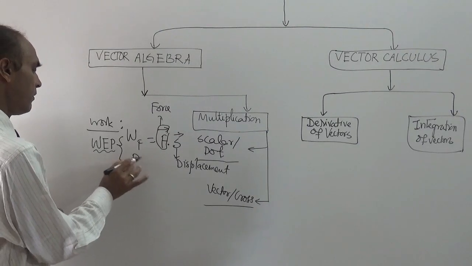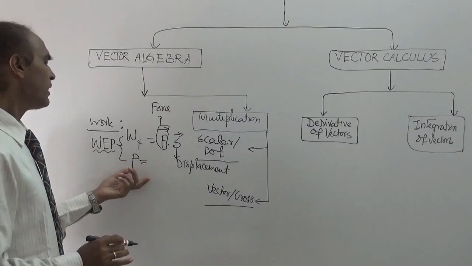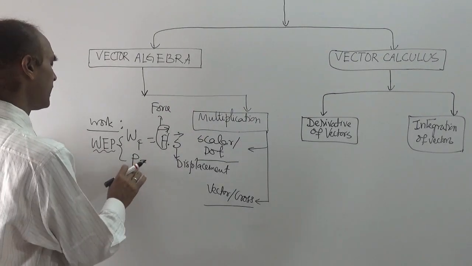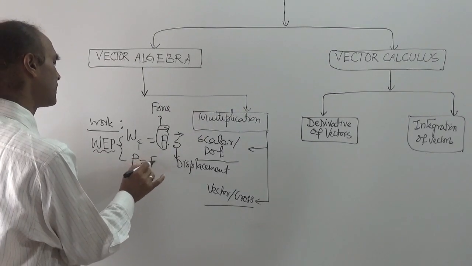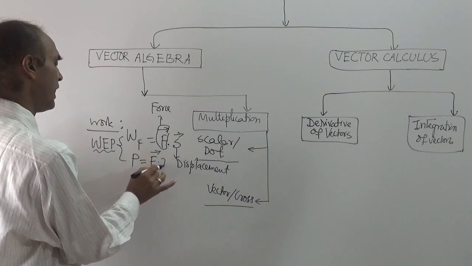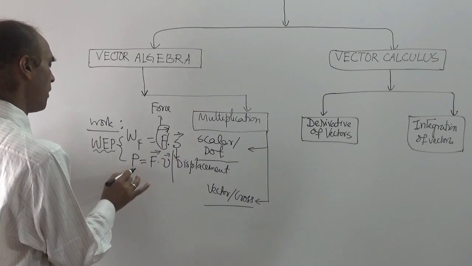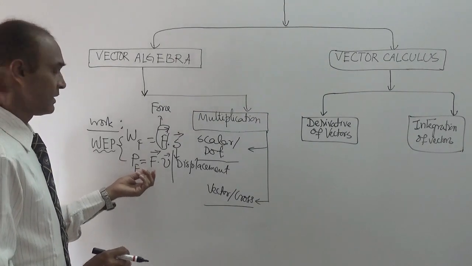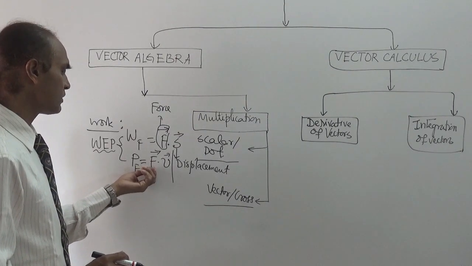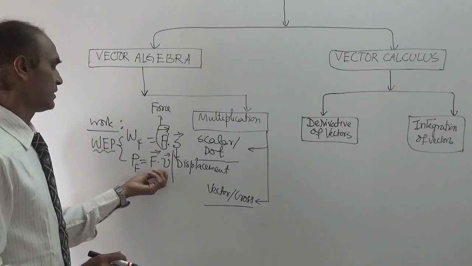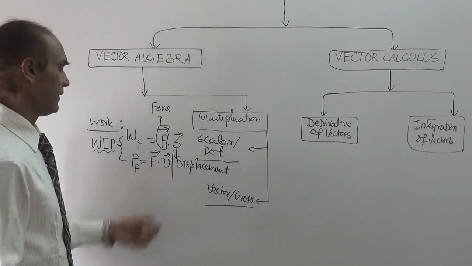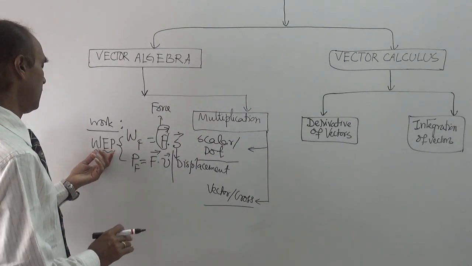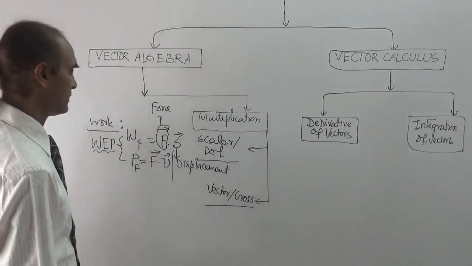And the concept of power can be written as the dot product of force and velocity. Power delivered by a force is given as the dot product of the force and the velocity of the particle. These 2 concepts will be dealt with in the work, energy, power chapter.